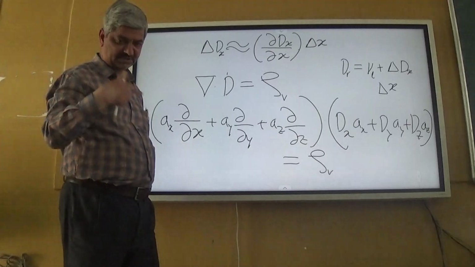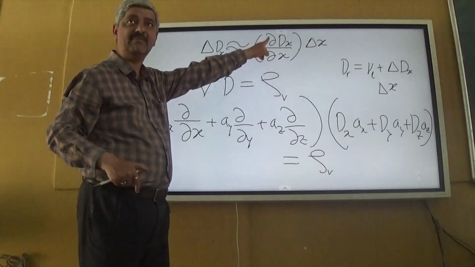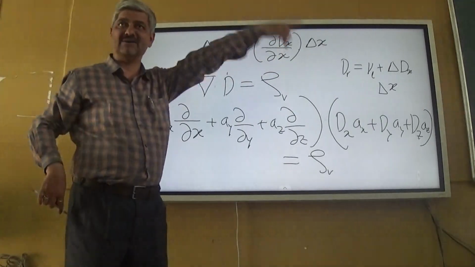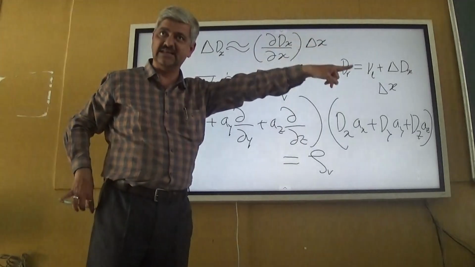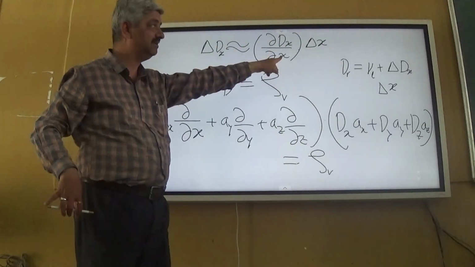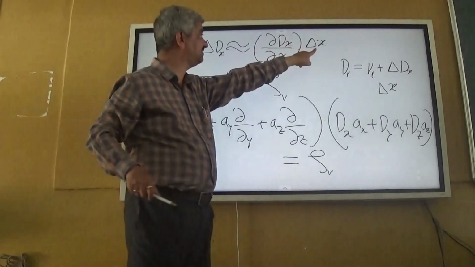Since I am going to differentiate on y and z also, here I am writing the partial derivative. It means y and z are otherwise variables, but in this case they are constant. So del Dx by del x, delta x.